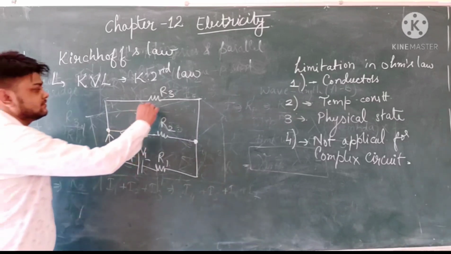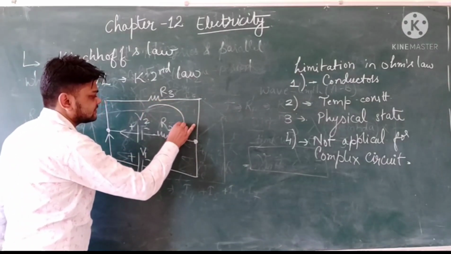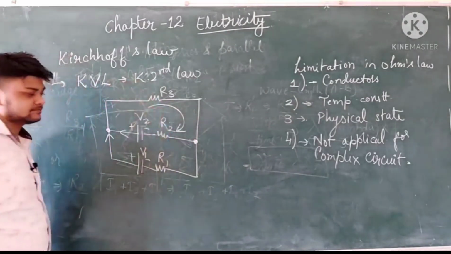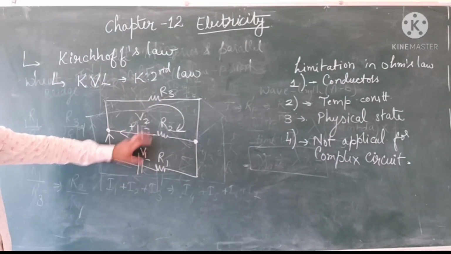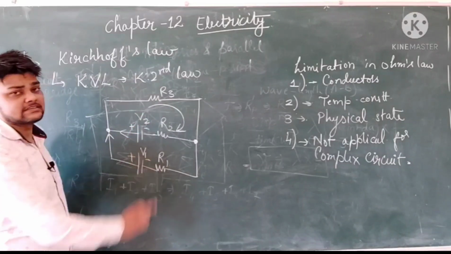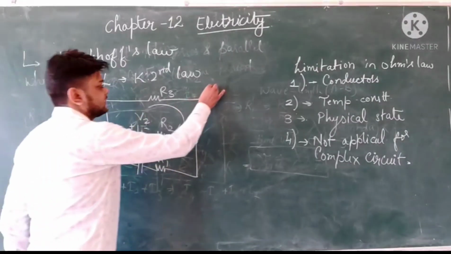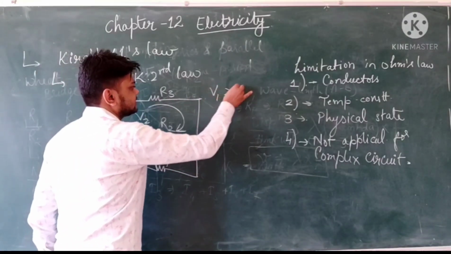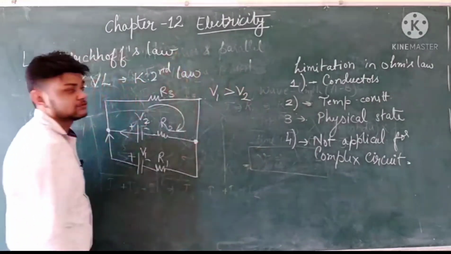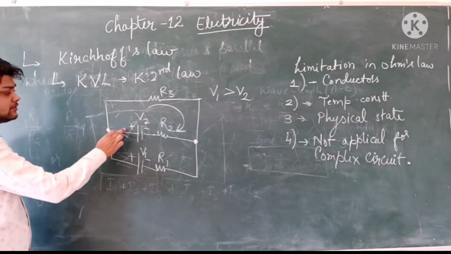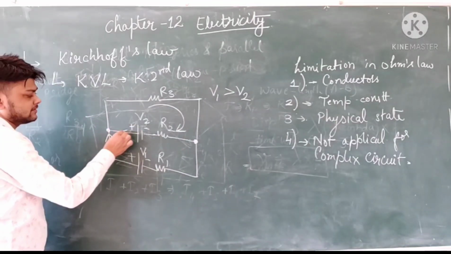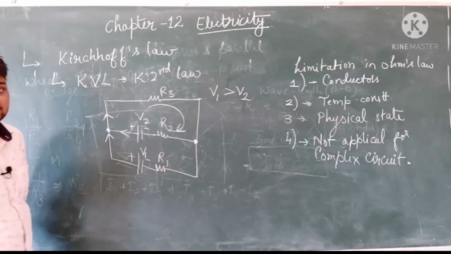If I take the flow of current in this order, I have to decide which voltage is greater. Here I am taking V1 greater than V2. Under this condition, this potential is more, so the current will go in the forward direction.